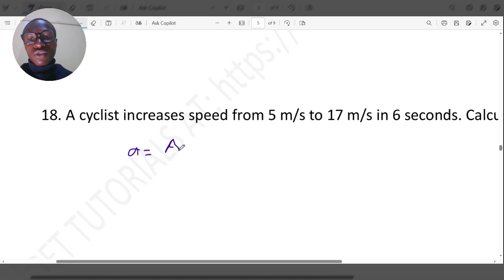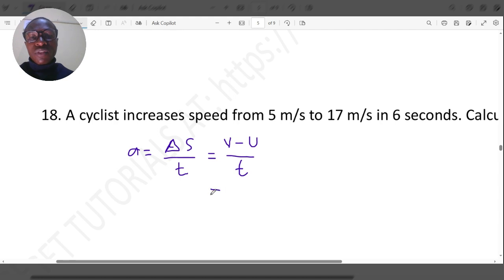Allow me to use this delta v, which is velocity or speed, divided by time taken. To be able to calculate a change, we usually use the final speed, let me use v for final, minus the initial speed u, and we divide by time t.